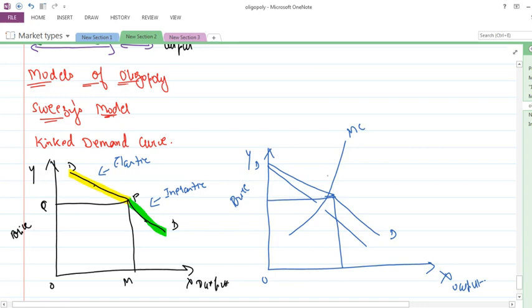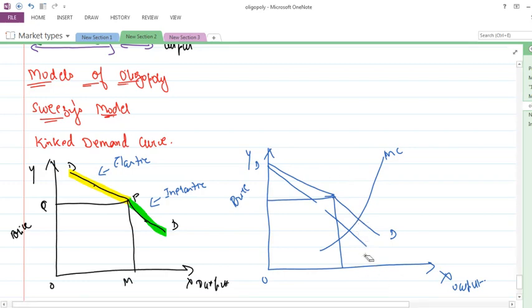If the MC curve passes like this, then he will not be increasing the price, because if he increases the price, he will be losing the sales. On the other hand, if he decreases the price, he will not get any benefit, because he cannot reduce the price beyond this level.